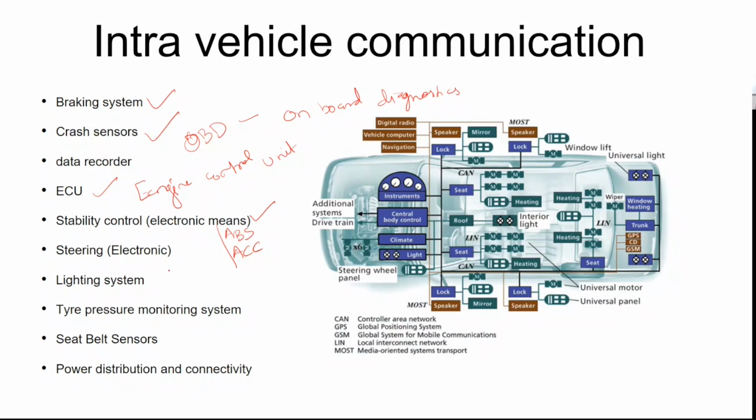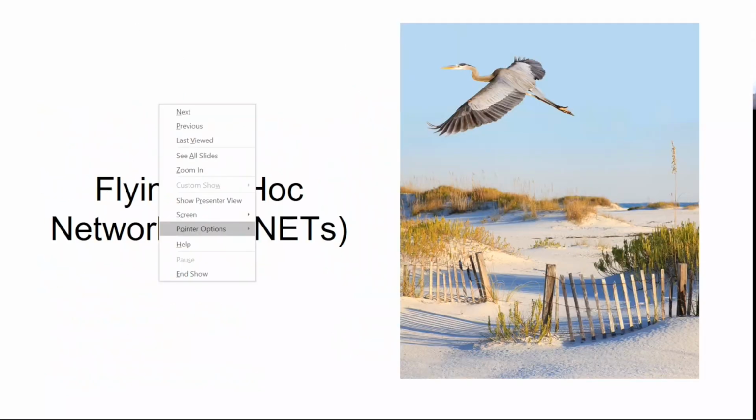Then steering, electronic steering. So earlier, steering was controlled manually, but now it is electronic or power steering, which is controlled by motors. So once you start turning your steering, there will be a motor running that makes your steering operate very easily. Then lighting system. Lighting system is very powerful nowadays.